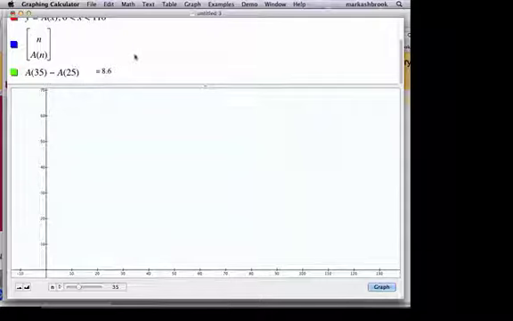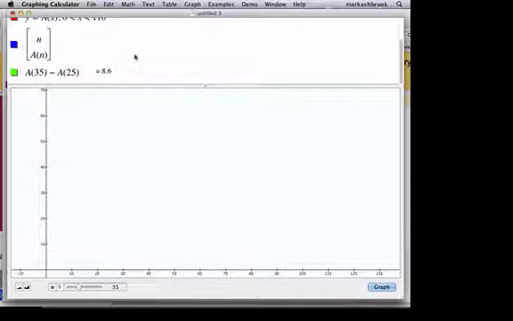What's the meaning of that 8.6? If this is the attendance, it's kind of like the temperature starting at 25 and going up to 35. And we're looking at how much higher the attendance is. So it's 8,600 is the increase in attendance if the temperature would increase from 25 to 35.